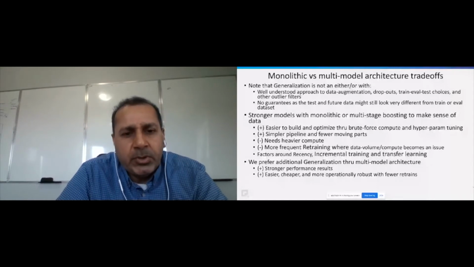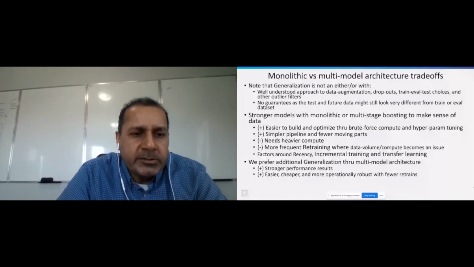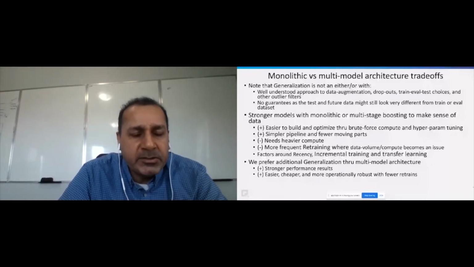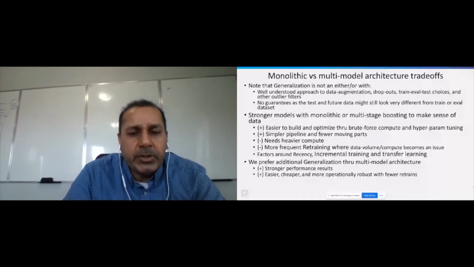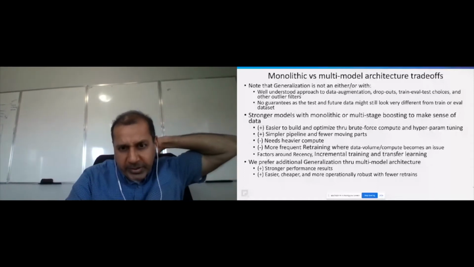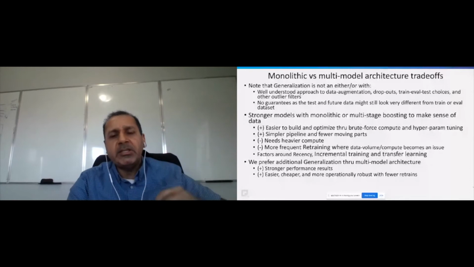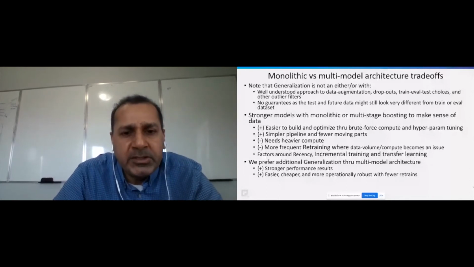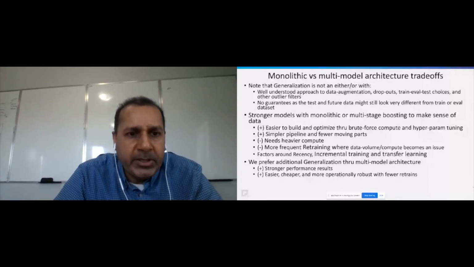They're easier, cheaper, operationally much more robust with fewer retraining. The big downside is it requires a lot more thought and upfront engineering to manage some of these pipes. So again, not everything is for everybody, but if you are in a sophisticated environment where the ROI justifies the upside, then this particular approach makes sense for you.